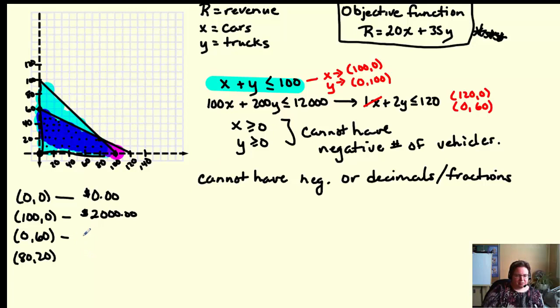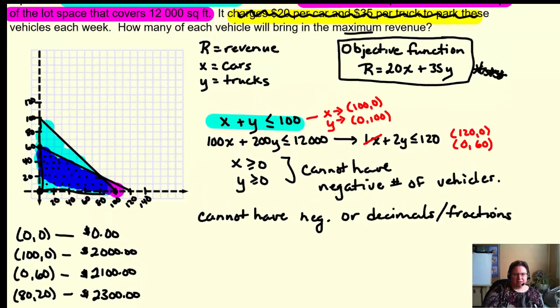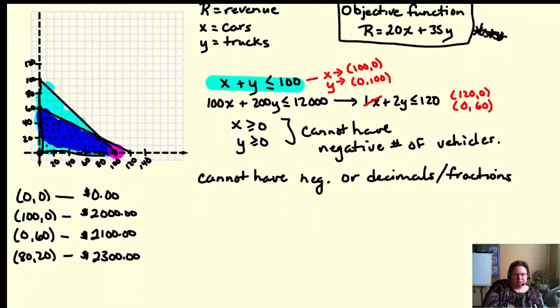If I put the 0, 60 in there, 20 times 0 plus 35 times 60, I'm going to end up with 2,100. And if I put the last point in there, 20 times 80 plus 35 times 20, I end up with $2,300. So I go back to my original question. It says which combination will give us the maximum revenue.